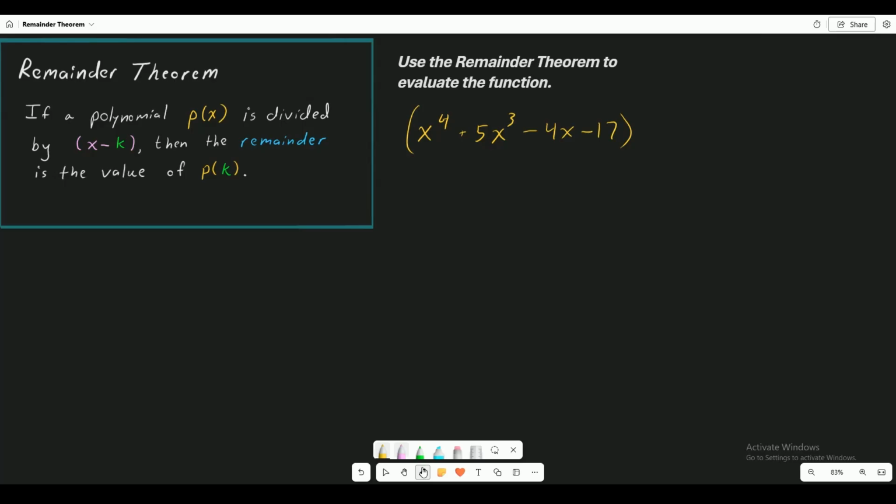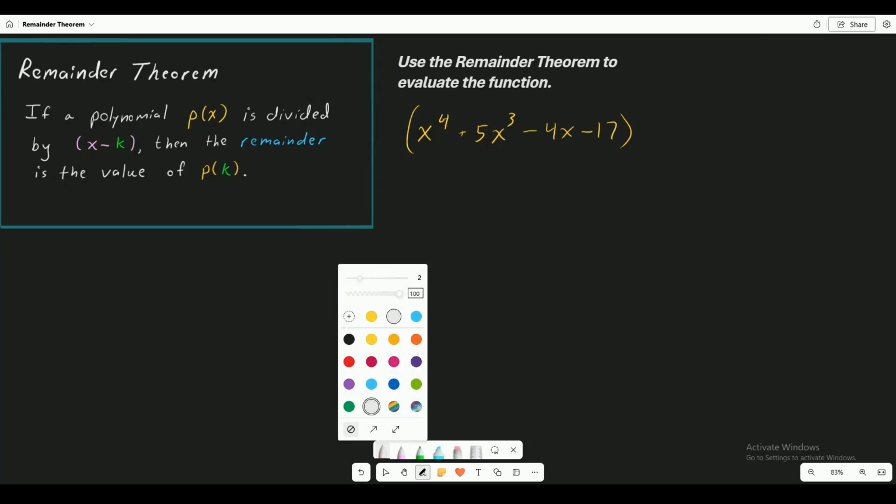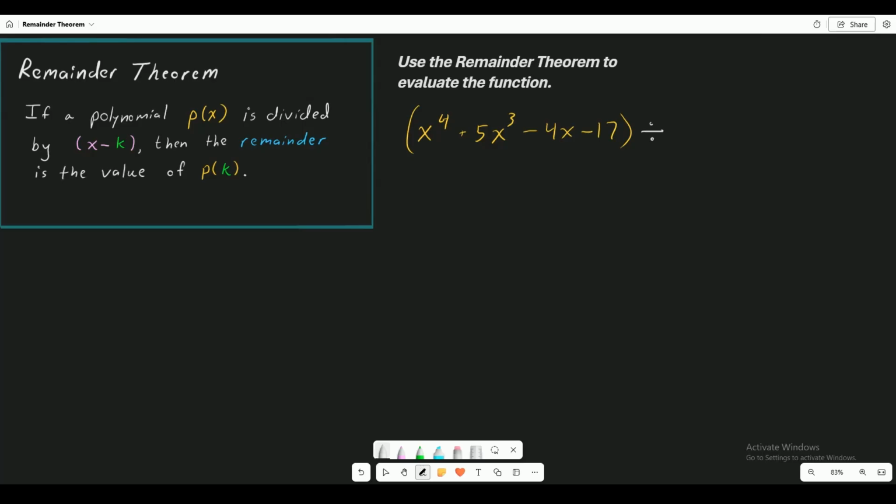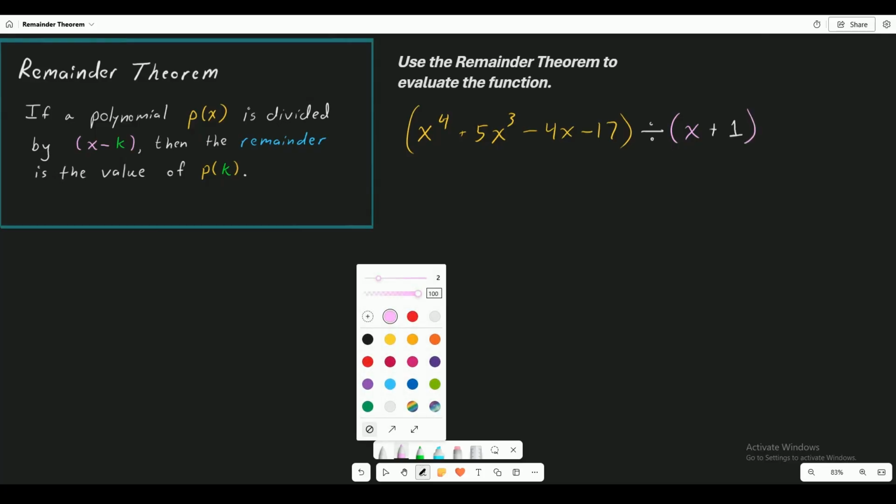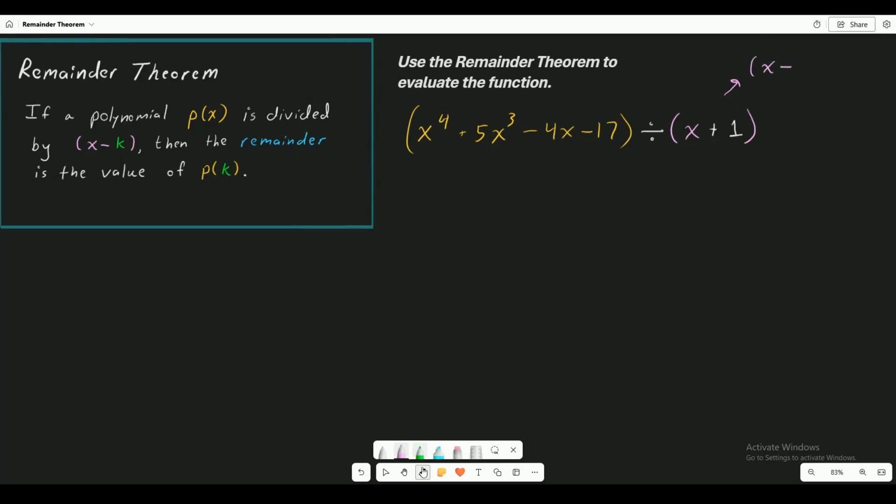So that's our polynomial divided by x plus 1. This is actually going to be x minus negative 1, right? It's the same thing. So therefore, our k value is negative 1.